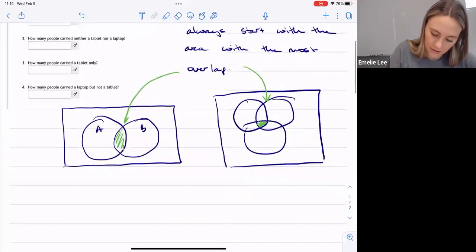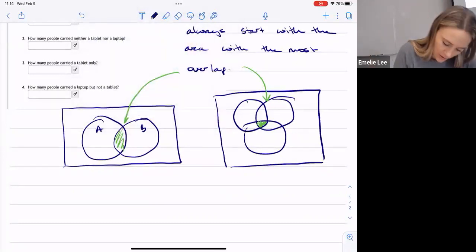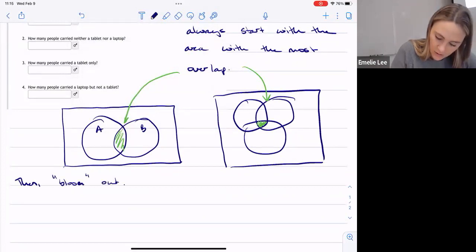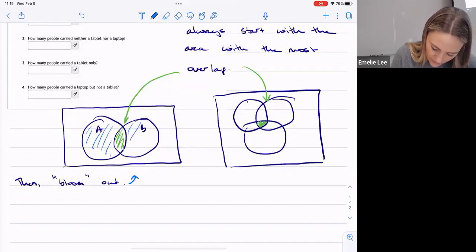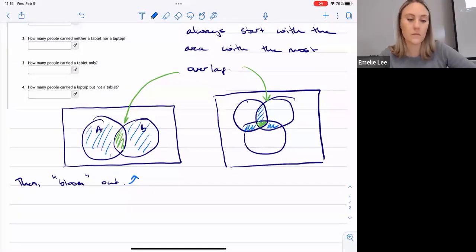And then I think of it as kind of blooming out. So for example, that would be this area and this area, or this area and this area. Making sure that you subtract the overlap.